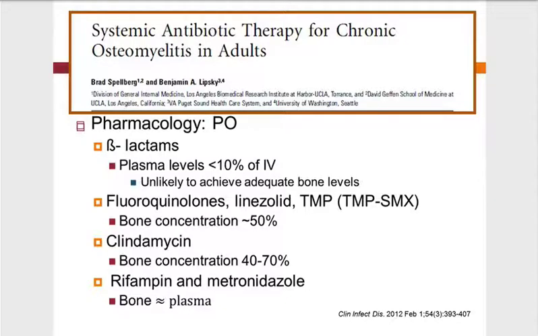So we don't like to use doxycycline in young kids, because we know all the issues that it causes with teeth, and it actually has extremely high bone concentration in the face, but axial bones are actually really low. So you also have to know where the osteomyelitis is. If it's osteo of the jaw, I think it'd be a good drug to use, versus if it's tibia, fibula. So something to also remember.